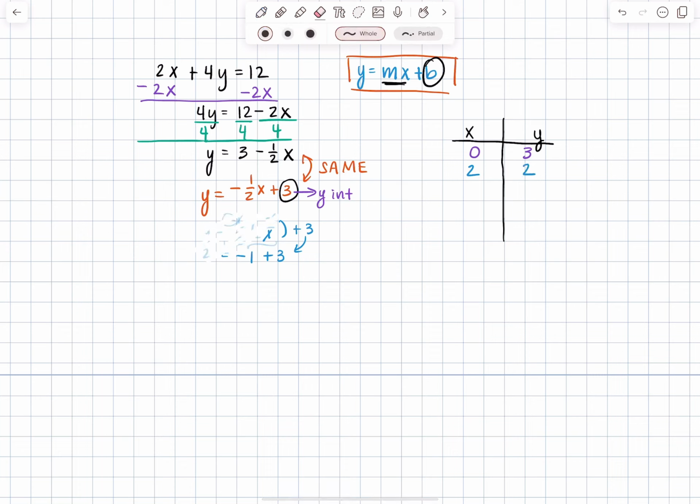Let's do one more point. Let's do -2 this time. So let's say we had y equals -1/2 times -2 over 1 plus 3.